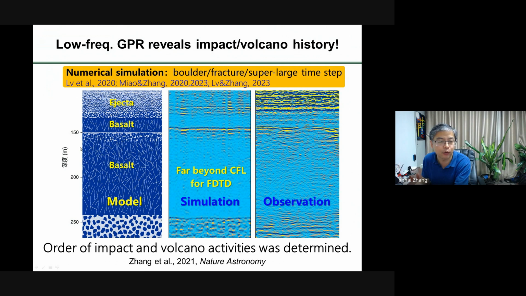The original layer is very thick, over 100 meters in depth, and after that we have some regolith and paleoregolith. After that, we have a new basalt filling. So we detect two basaltic layers beneath the 130 meter depth below the ground surface, and we can see that the numerical simulation result is quite consistent with the observation.